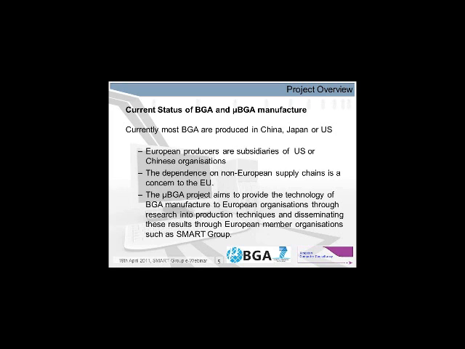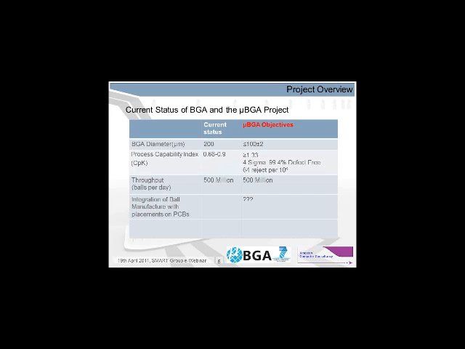In the next slide, I'd like to look at the current status of the ball grid array associations and industry, and what we're hoping to achieve in the Micro BGA project.